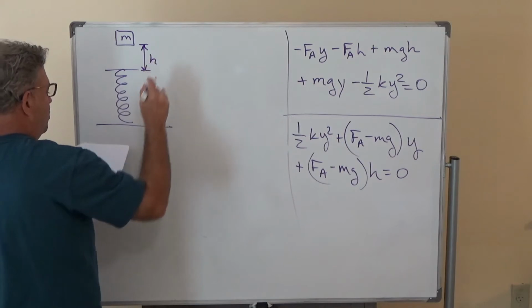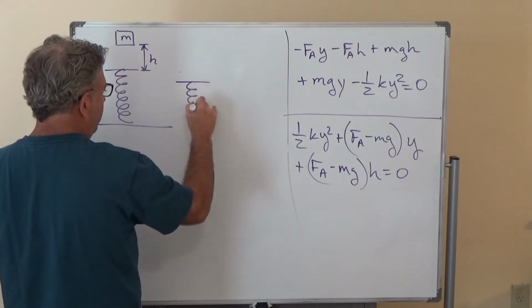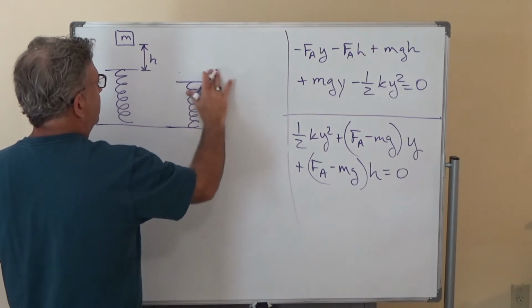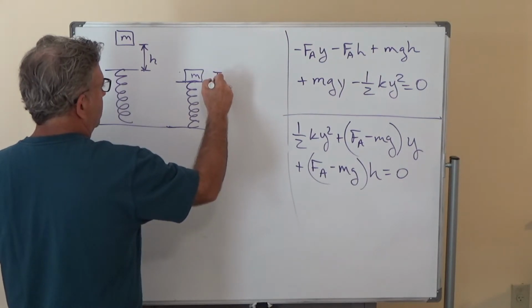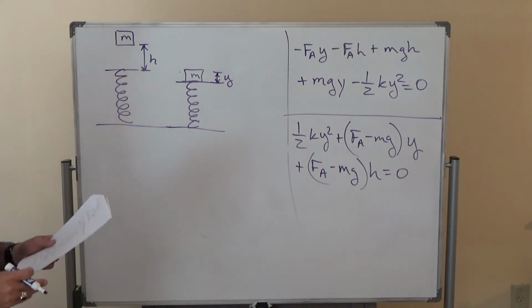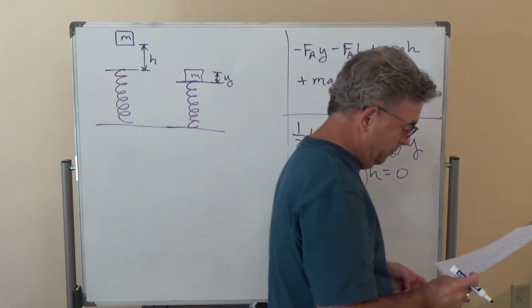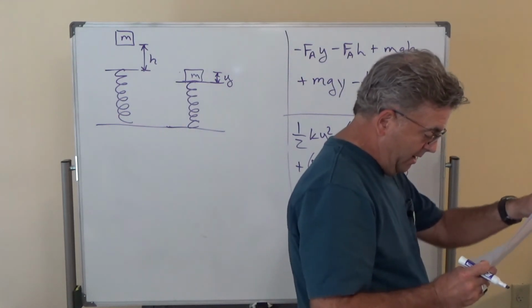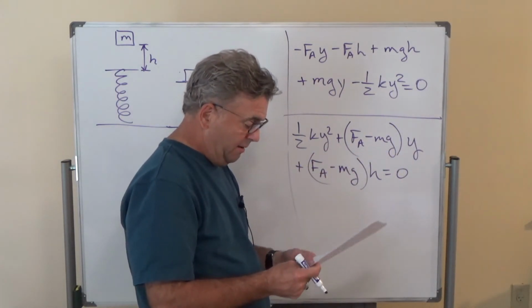This is H. Then after it impacts the spring, it's here with the mass on it, and this little distance is y. So you have something quadratic in y, and you solve that.